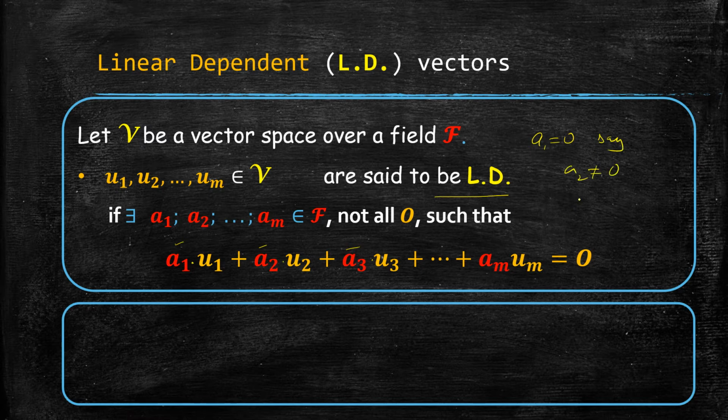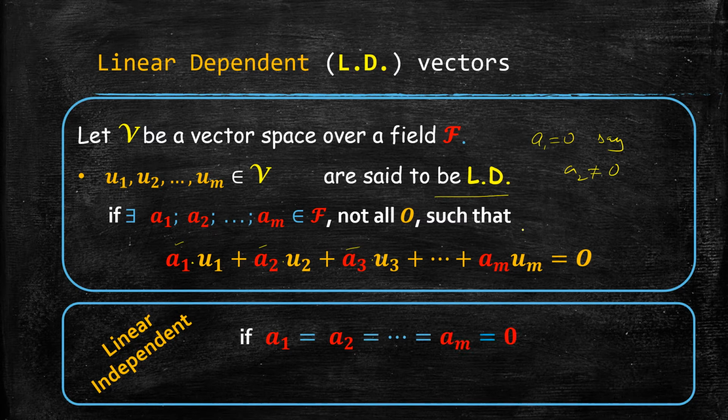Moreover, say a3 equals 0, a4 equals 0, so on, am equals 0. Then in that case also you will say that u1, u2, u3, ..., um are linearly dependent. What is linearly independent? If in this combination all scalars, all the coefficients a1, a2, ..., am come out to be 0, then I will say that the vectors u1, u2, ..., um are linearly independent.